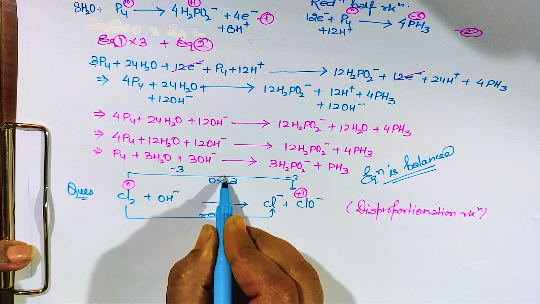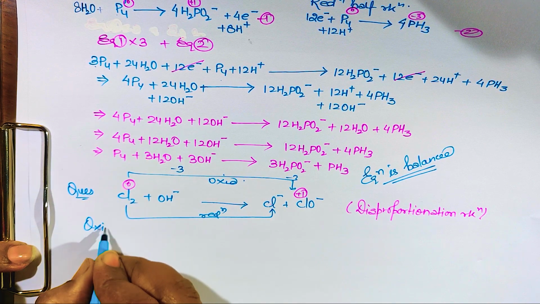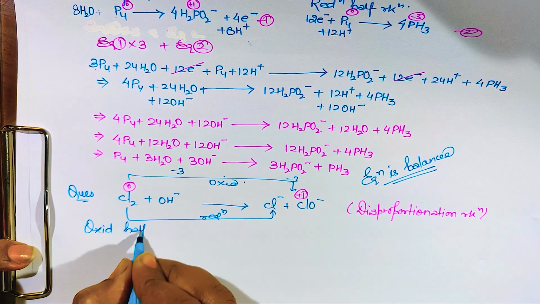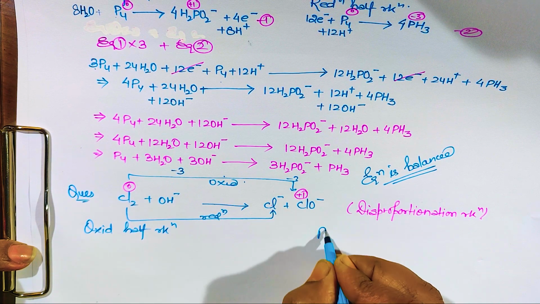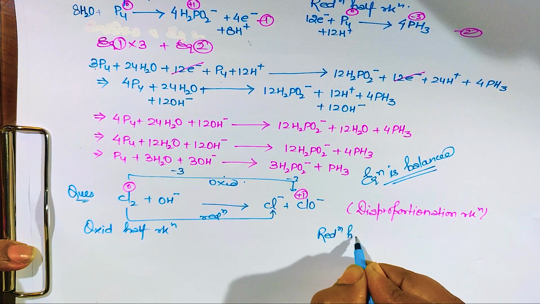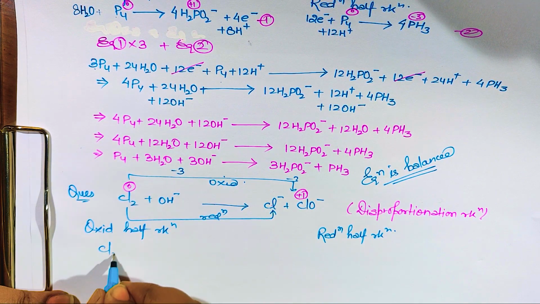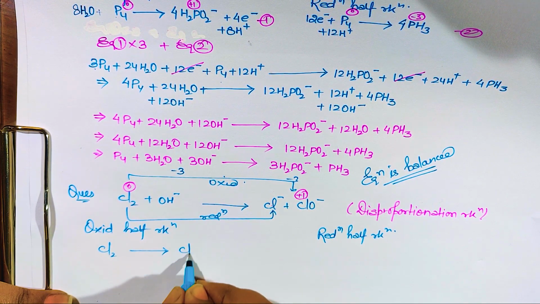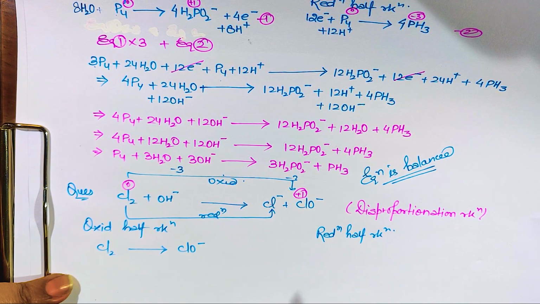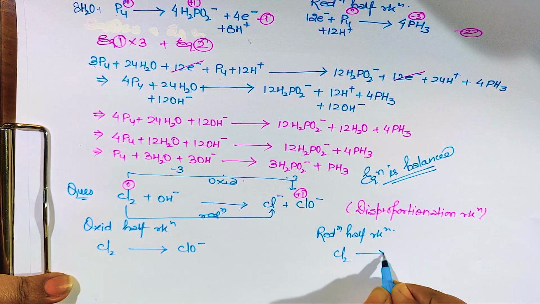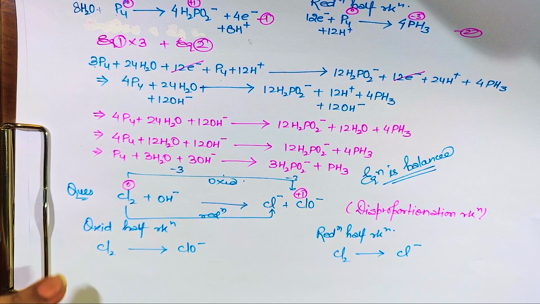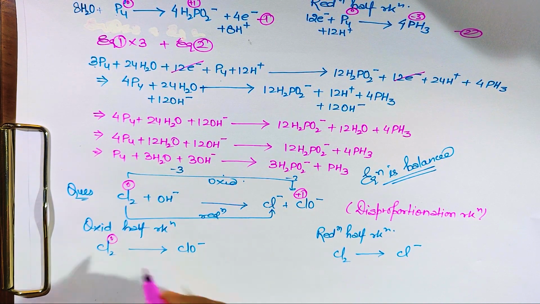So just write the half reactions, the oxidation half reaction and then the reduction half reaction. Yes, oxidation half reaction: Cl2 changes into ClO minus, and reduction half reaction: Cl2 changes into Cl minus. Next step is to balance the central atom.